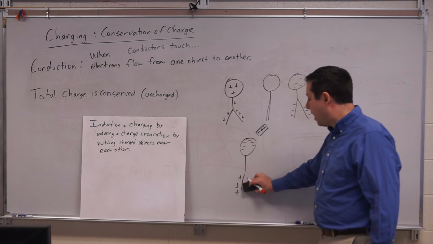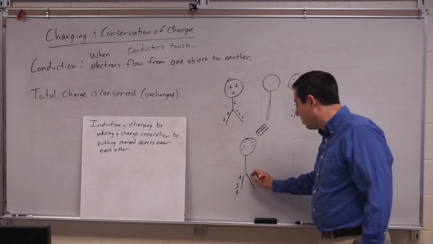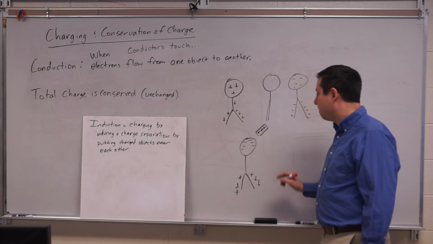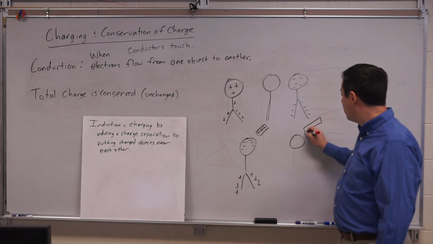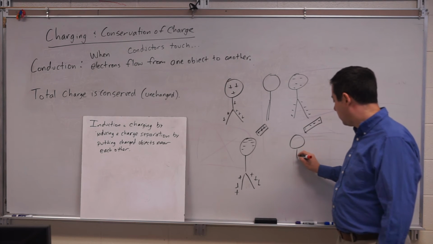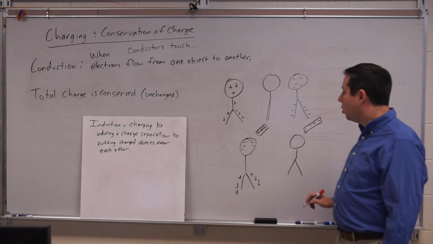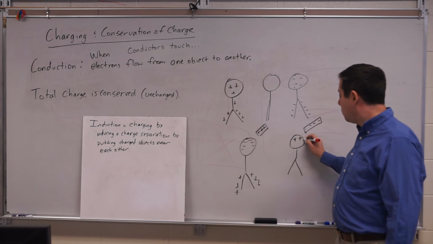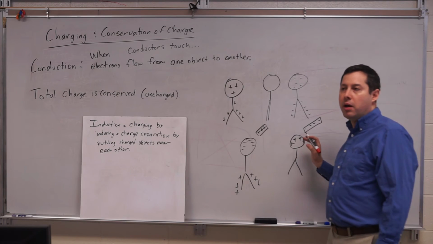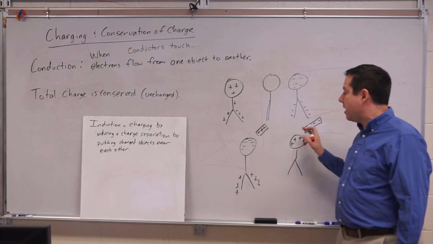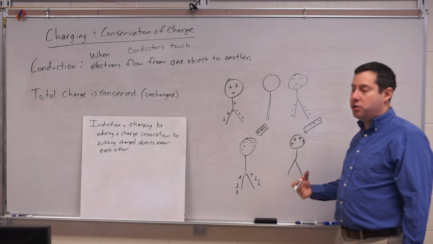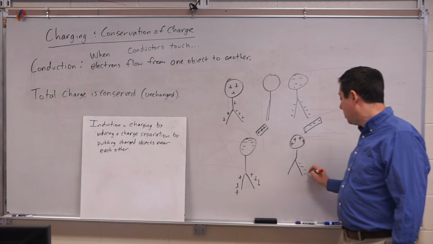And those positives repel each other, so you end up getting a big charge separation. The same is true if you have a negatively charged rod. Looks the same. This is one of the tricky parts about understanding how to use an electroscope, because bringing a positive or a negative object near the electroscope will induce the same results.